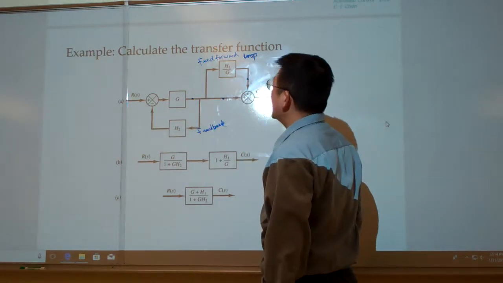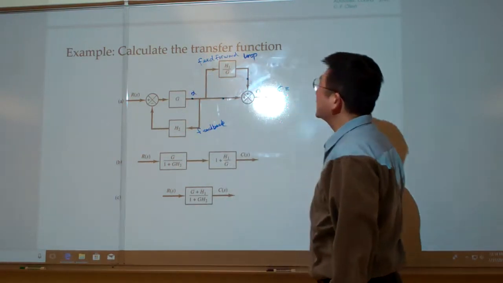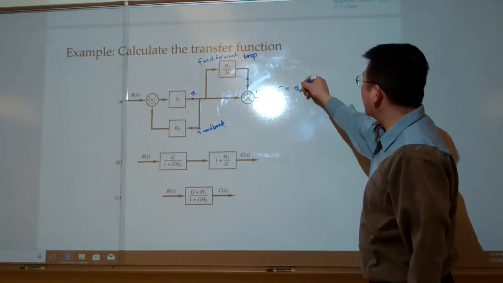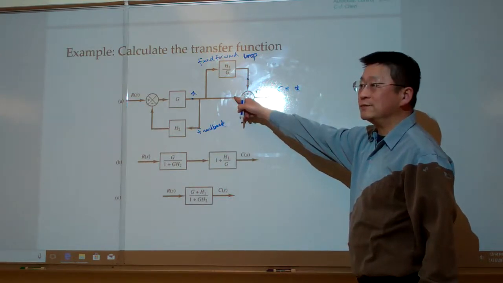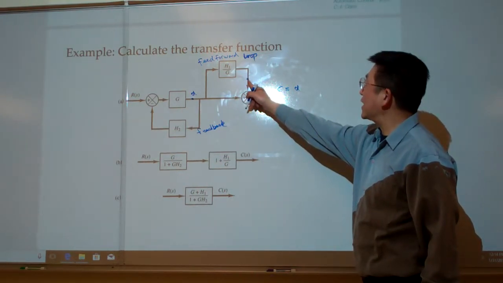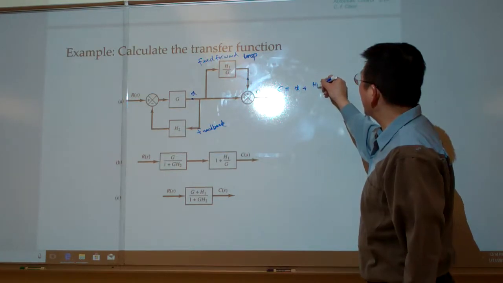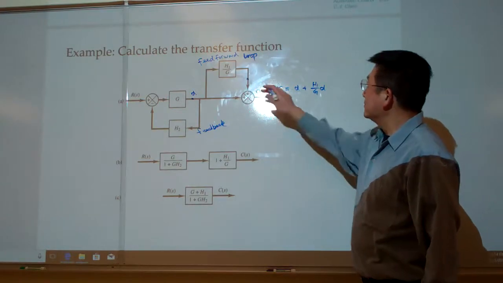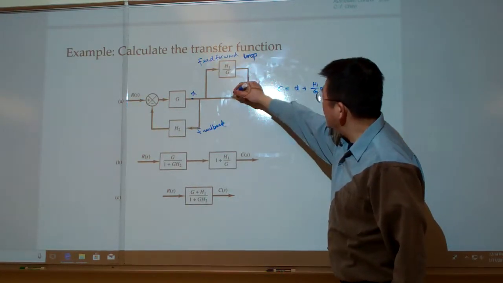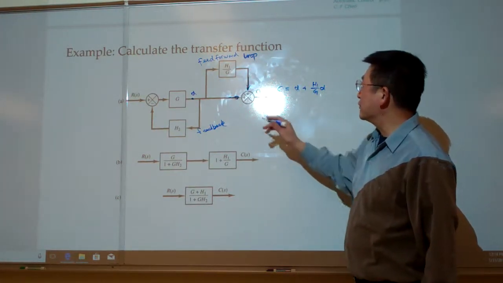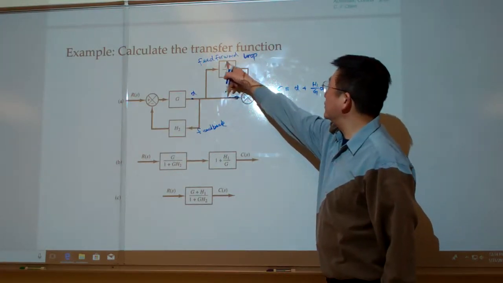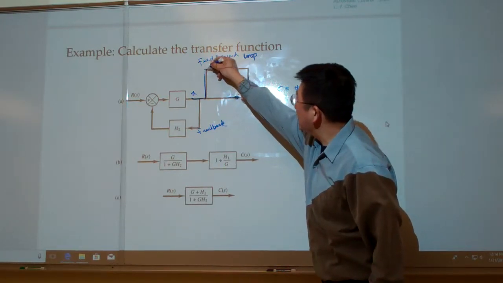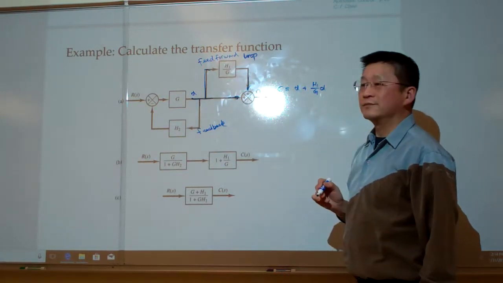Let me label it and call this alpha. So from here you can see C equals alpha, this one, plus this one, which equals H1 divided by G times alpha. So C equals the 2 pieces of information converged there, and this one equals this one multiplied with alpha, because alpha is the same everywhere here.